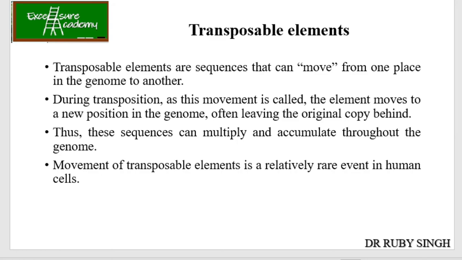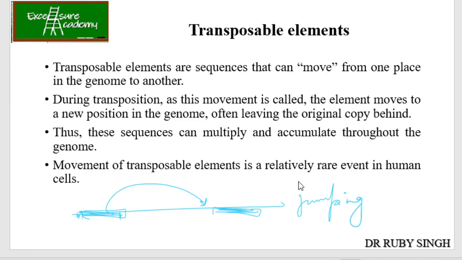So what are these transposable elements? They are the sequences that can move from one place to another in the genome. So in the genome you have got the sequences. Now if they have got the transposable elements, they get flying from here, they go into different places and they get integrated over here. So they are also called the jumping genes.